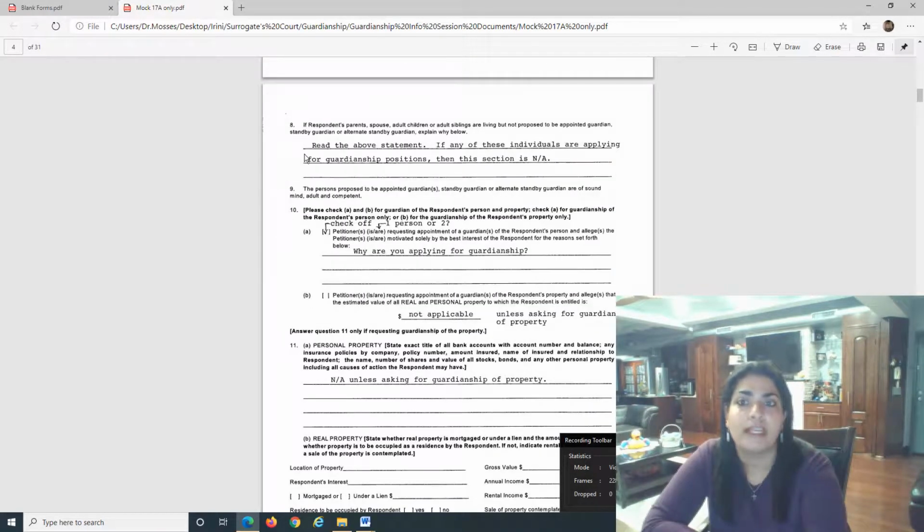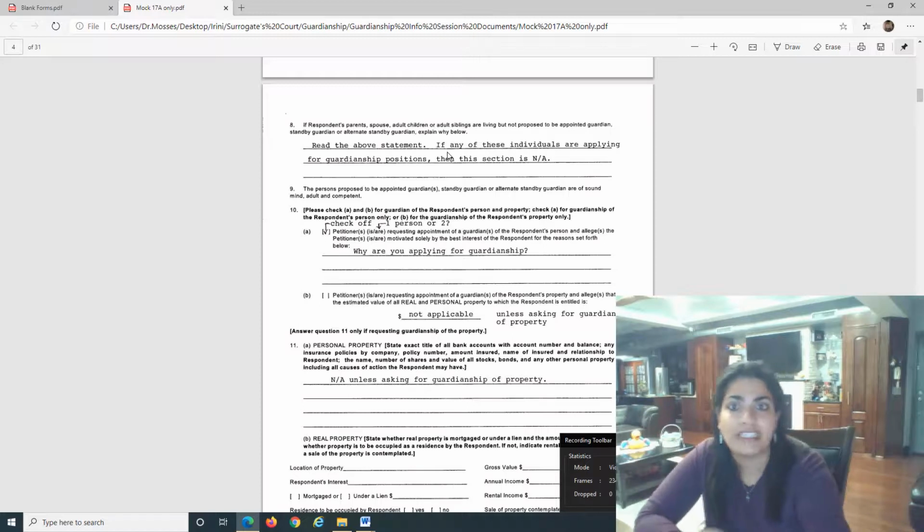Number 8, if the respondent's parents, spouse, adult children, or adult siblings are living but not proposed to be the appointed guardian, explain why below. Does this apply to you? So if the petitioners or any adult siblings are petitioning to be the guardian, this is not applicable. So if the parents or siblings are applying to become the guardians, this is not applicable.